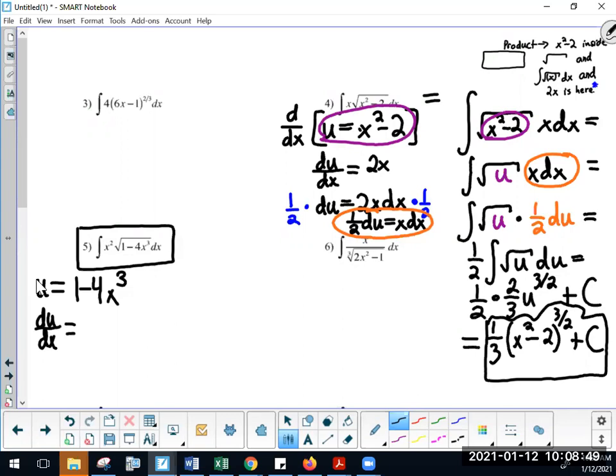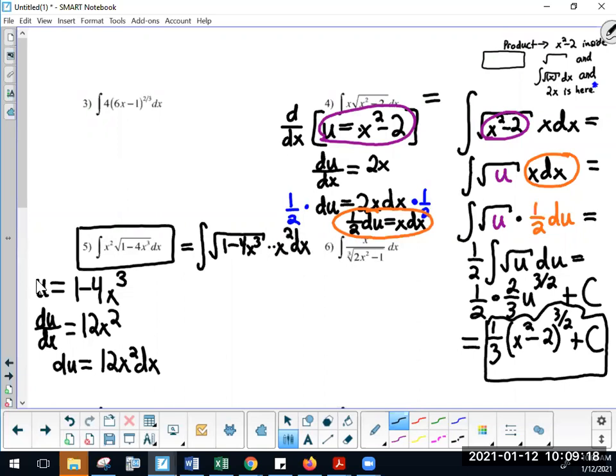I have 0 minus 12x squared, which, if I multiply both sides by dx, means du equals -12x squared dx, which is a little bit of a problem because we have x squared dx.